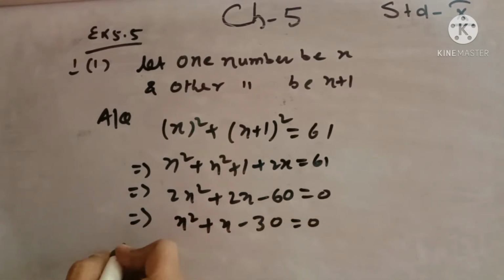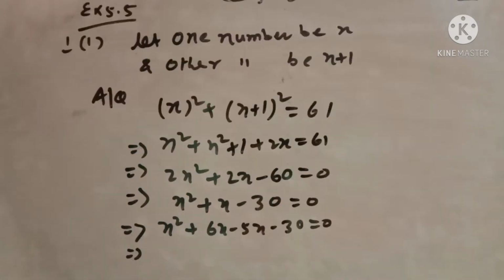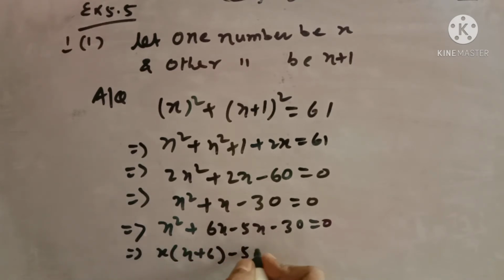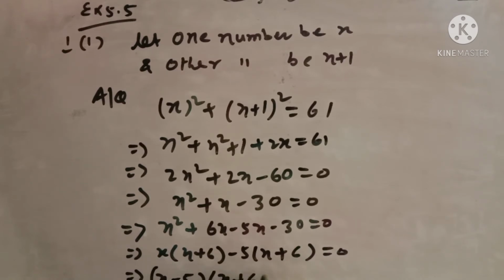Now split the middle term, or you can go by formula also. So after middle term splitting I got 6x minus 5x. So x taking common, x plus 6, and here I am taking minus 5. So x plus 6 equal to 0. This implies that x minus 5 into x plus 6 equal to 0.